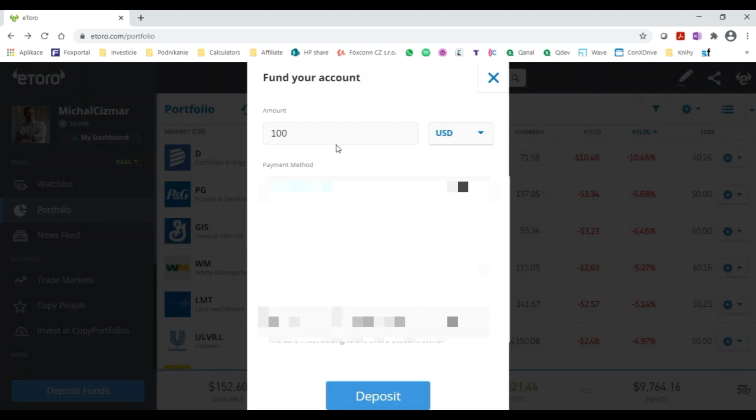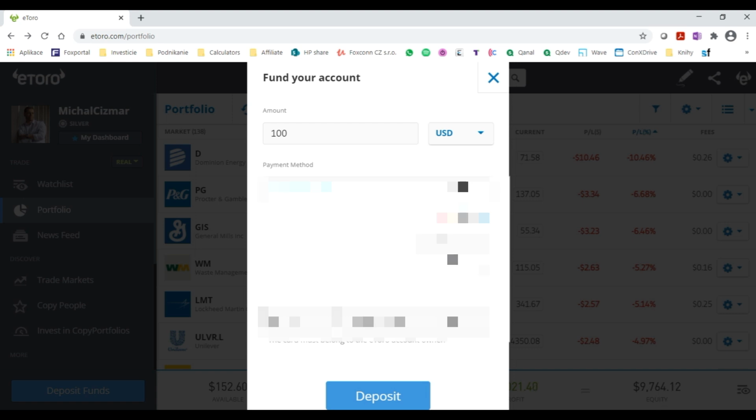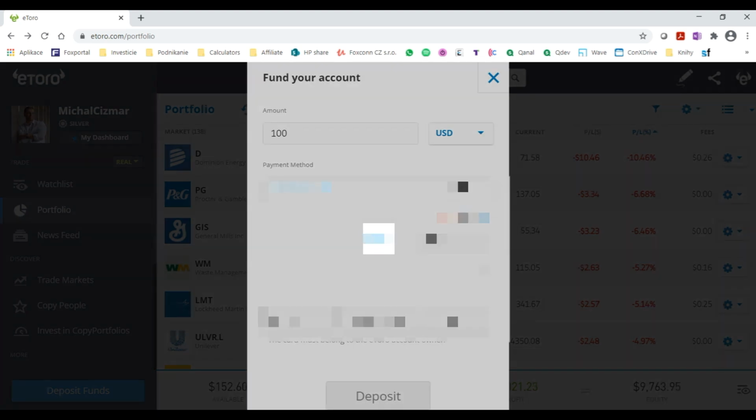The other one, it's deposit money using your standard bank account, so my standard card, which is this option. Again, I will put $100, it's there, deposit, waiting.